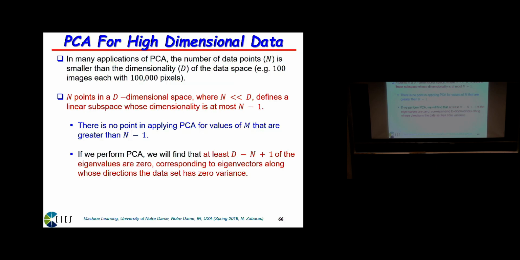Can you tell me why it's n minus 1 and not n? Orthogonal, what is orthogonal? Okay, but why do I get n minus 1 and not n?